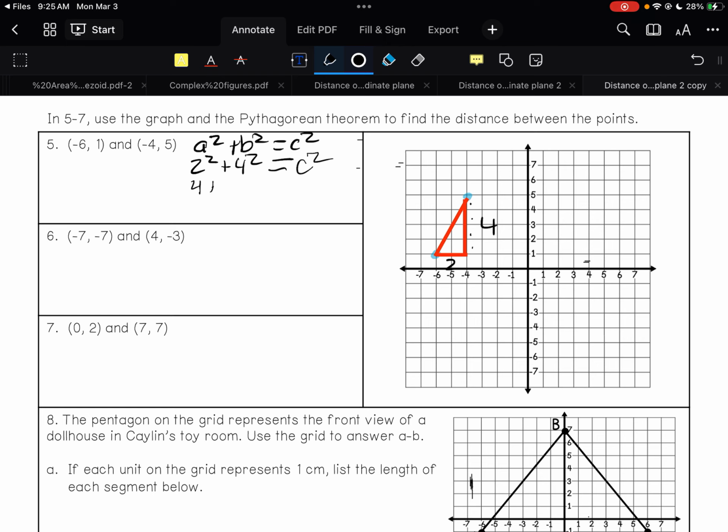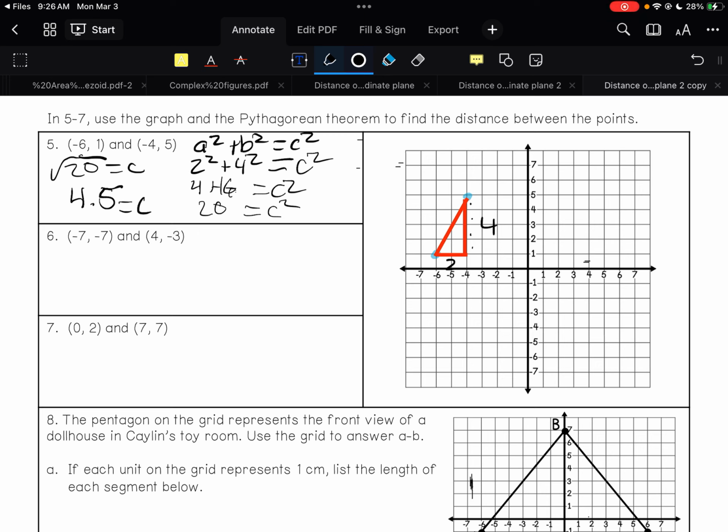You have 4 plus 16 is equal to c squared. 4 plus 16 is 20. It's equal to c squared. So you get the square root of 20 is equal to c. And the square root of 20 is 4.47. So it would equal 4.5 when you round it to your nearest tenth. 4.5 is equal to c. So the distance between those 2 points is equal to 4.5.